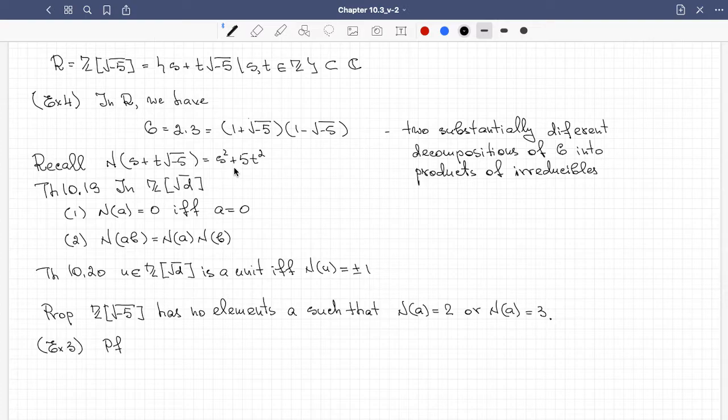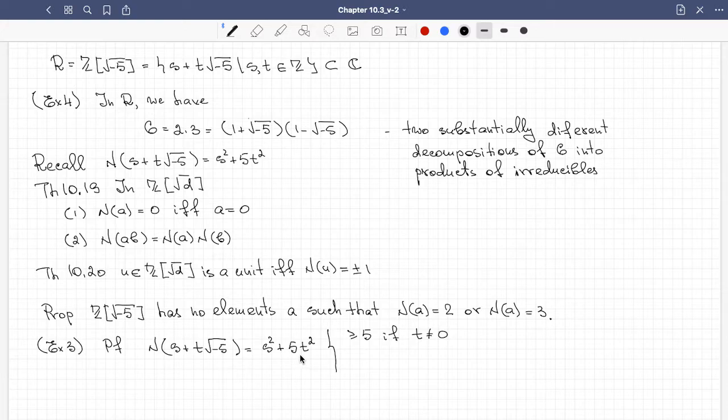The norm of any element s plus t root of negative 5 is s squared plus 5t squared, and this is bigger or equal than 5 if t is not 0.